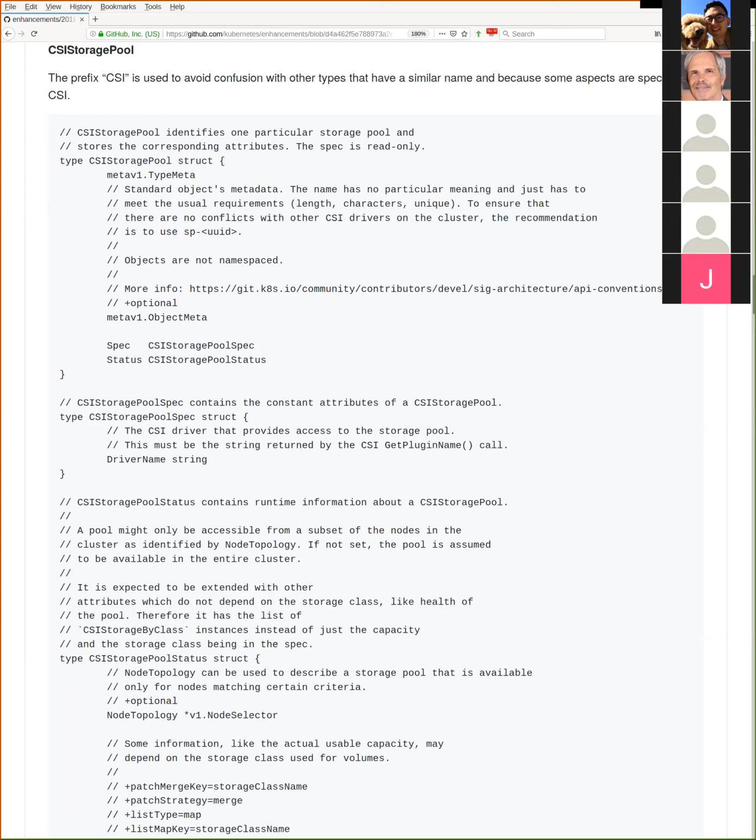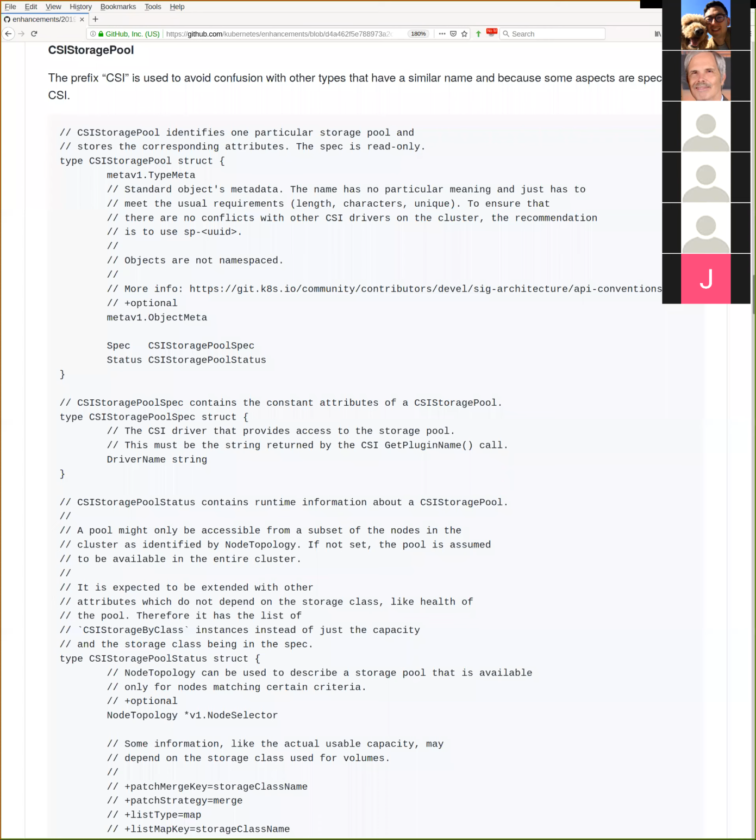I believe in this upcoming release, SIG scheduling is pushing us to move our plugin into the plugin framework. So going forward, everything is going to be using that. The plugin framework is not using dynamic linking or webhooks. It's still compiled in, but I'm just saying, in the end, all of this is moving to the scheduler framework.